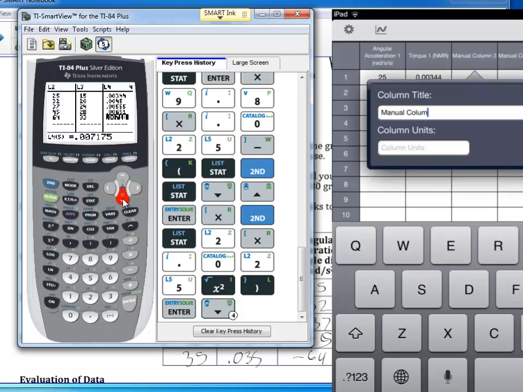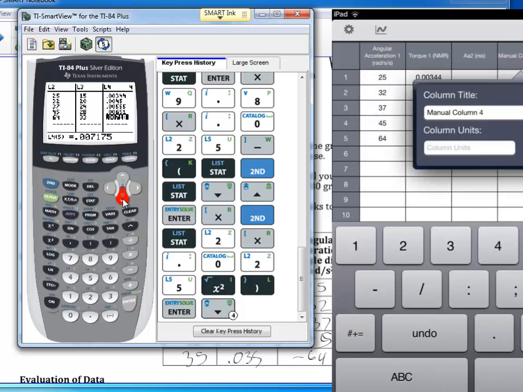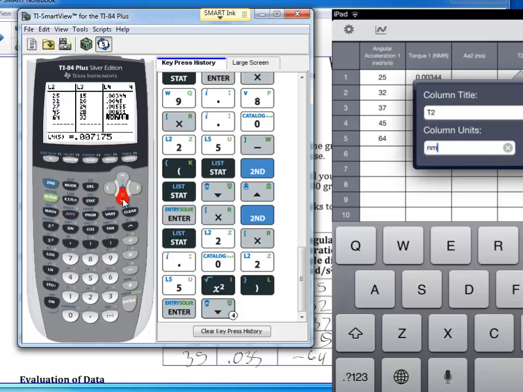So I'm going to have AA2, and I'm going to have T2. Again, radians per second squared, and torque, T2, Newton meters.